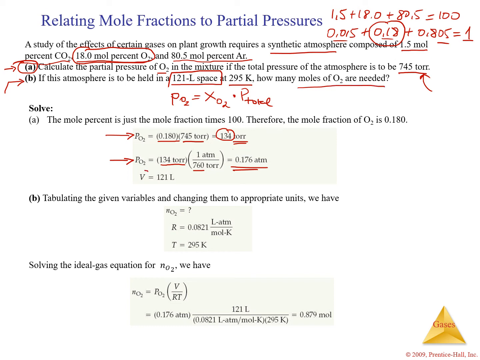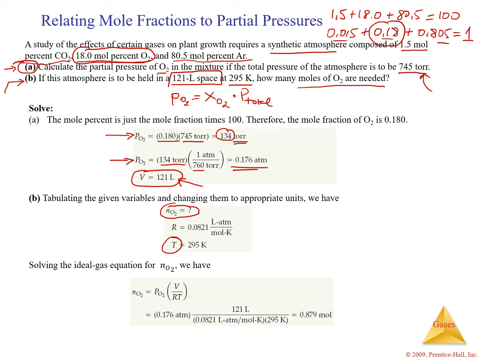In addition, we still have the same volume, and the partial pressure of oxygen is not changed, as this is defining the synthetic atmosphere, and it's related to the composition of that synthetic atmosphere. So what the problem is really asking is to find the number of moles of oxygen if you have that temperature, if you have that value of the atmosphere.